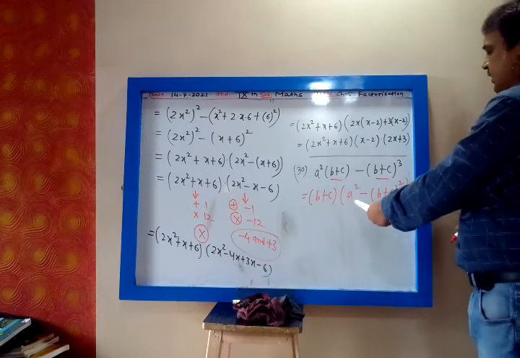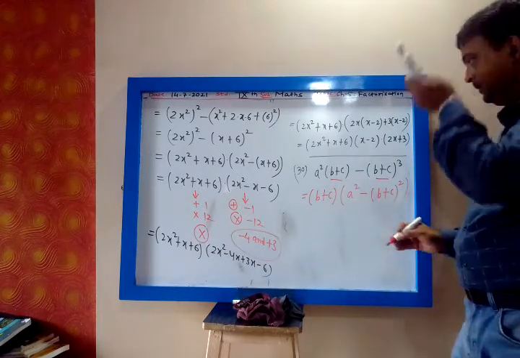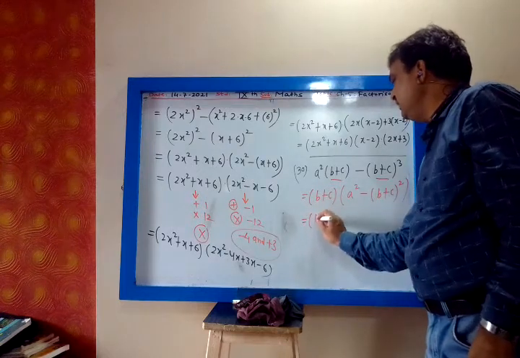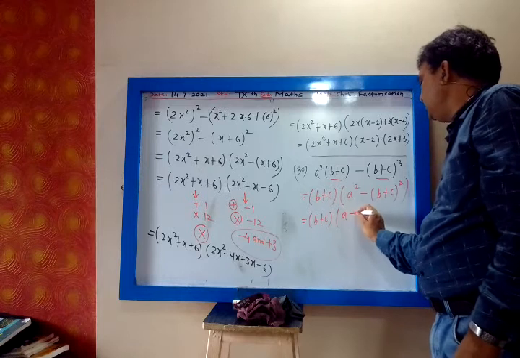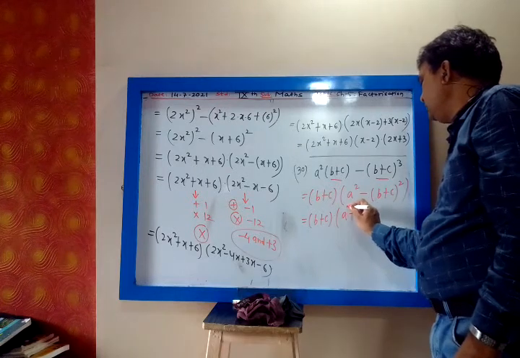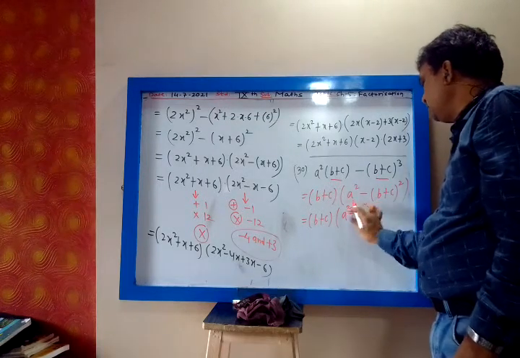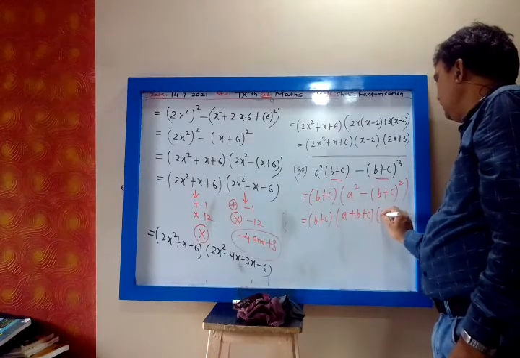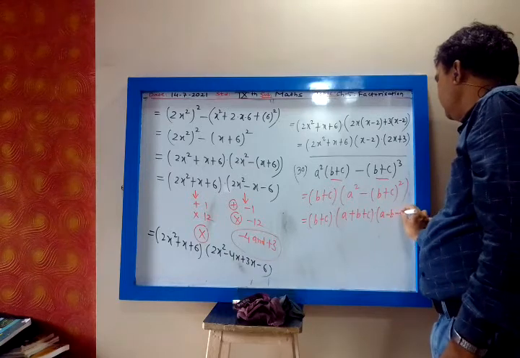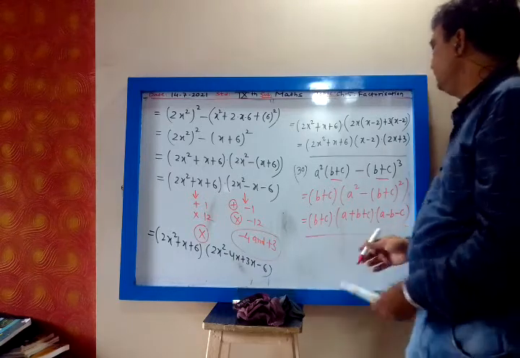Now this is of the form x square minus y square, so this is (b plus c) into (a plus b plus c) into (a minus b minus c), and this is the answer.